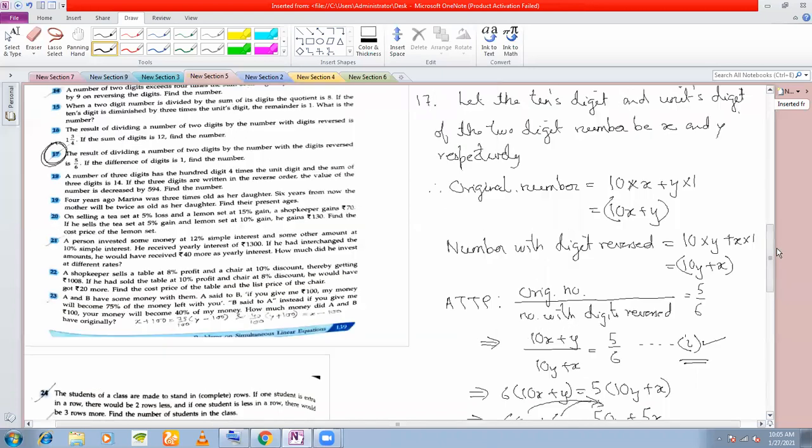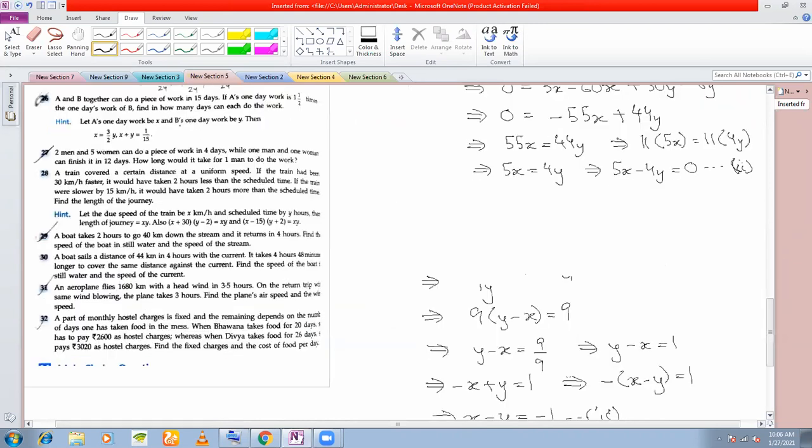Difference of the digits is 1. But as I told you, when you are talking about difference and the difference is positive, that means you are subtracting a lesser number from a greater number, isn't it?